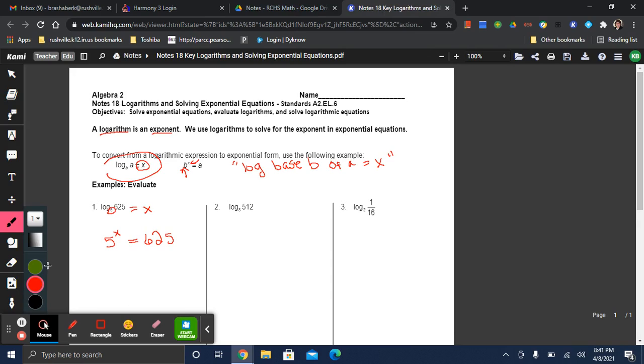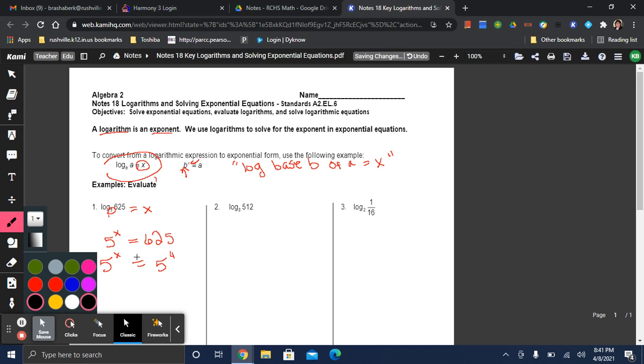So we'll work with 5 to the 4th power, changing that. Let me get my pen back. All right, so 5 to the x would equal 625, which is 5 to the 4th power. And so your bases are the same. We can cancel the bases, and your exponent x is 4.